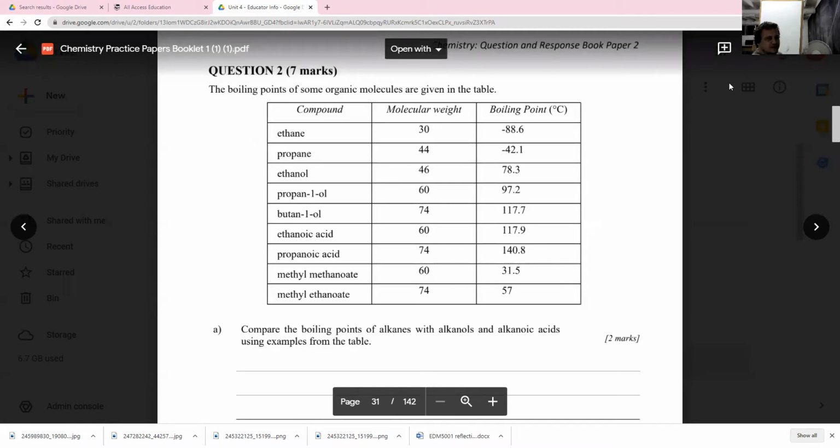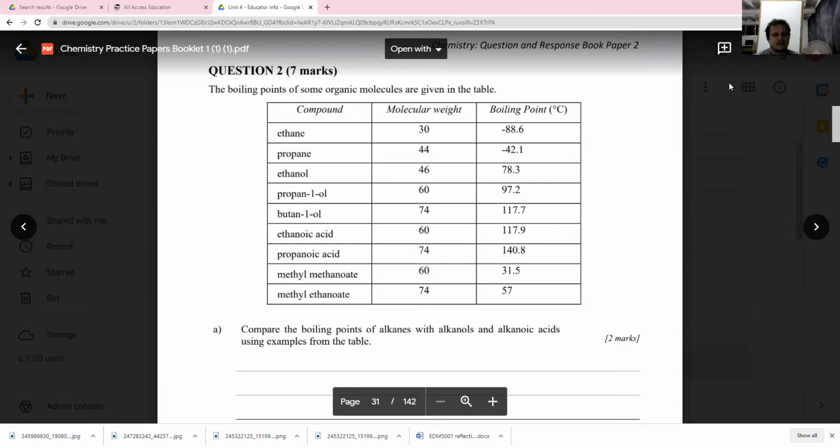So to get 2 marks in this question, you would need to say the boiling point increases as the chain length increases. Ethane having the lowest boiling point. Alcohols having the middle highest.